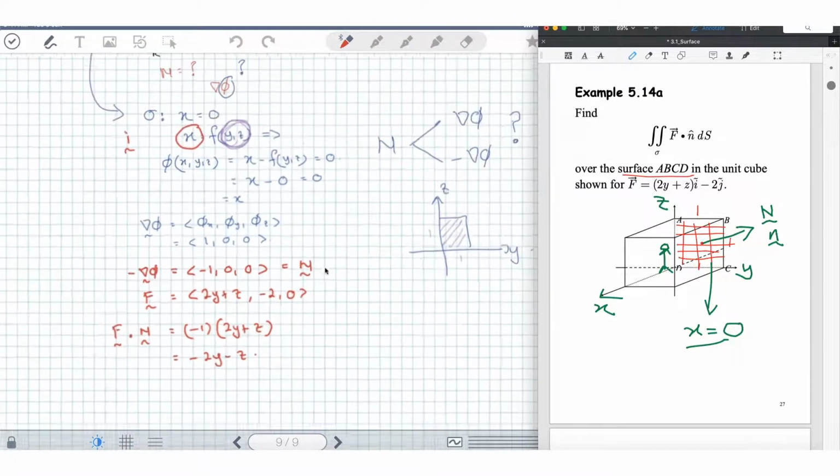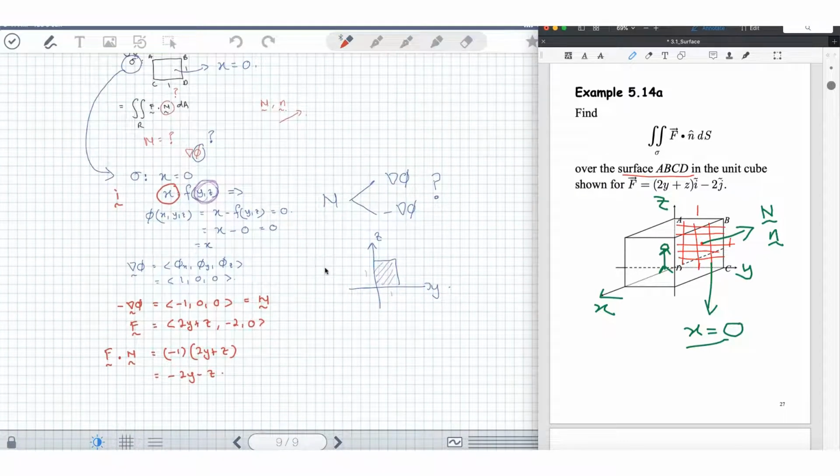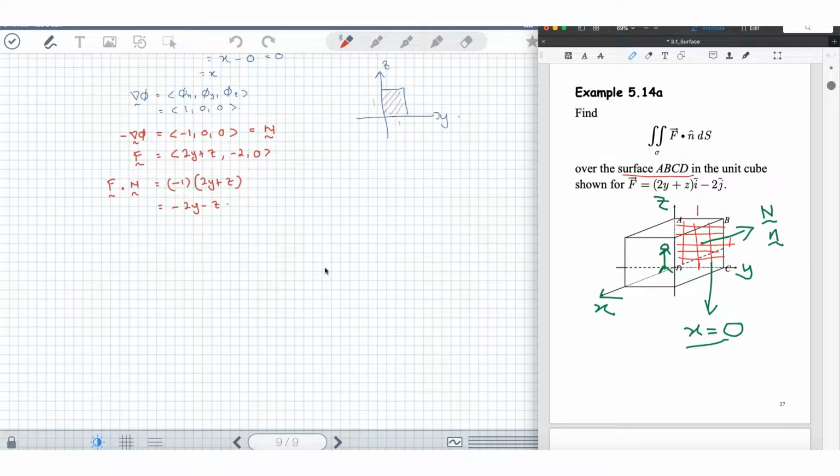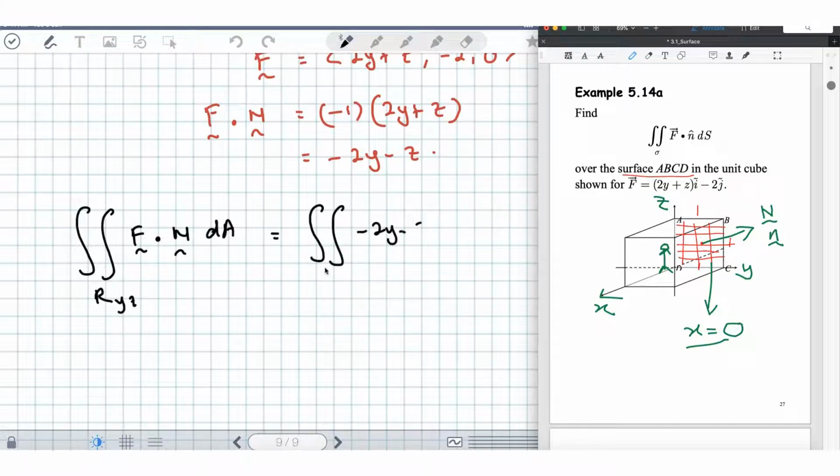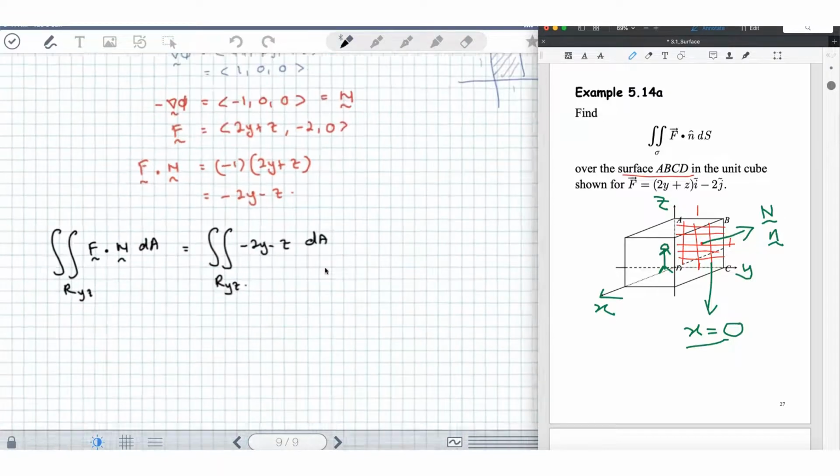Then we plug in our dot product there. I write here: f dot n dA over the region lying on the YZ plane now becomes minus 2y minus z dA over the region, where the region lies on the YZ plane.